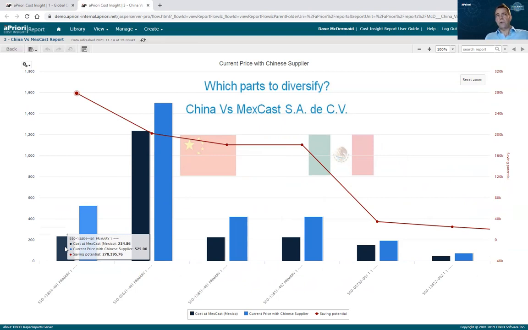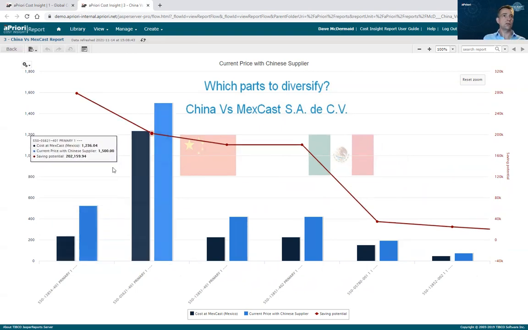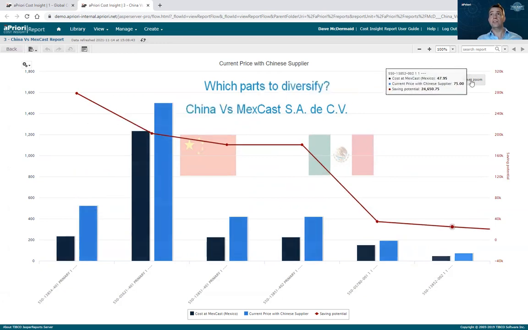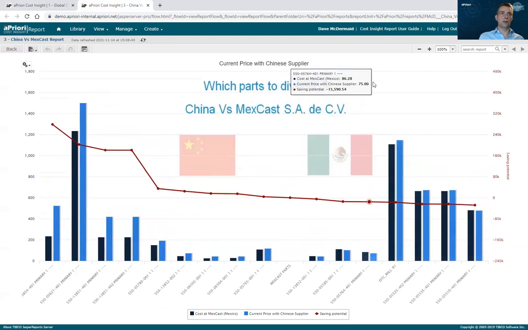So I can use aPriori to perhaps second guess some of that, to look at different scenarios where these numbers go up, but also to look for the big gaps that will allow me to accommodate large changes in the world's structure, in the global politics and economics. And therefore, I can make decisions early on to say which are the best candidates with the lowest risk to put in those cost regions which are more affordable.